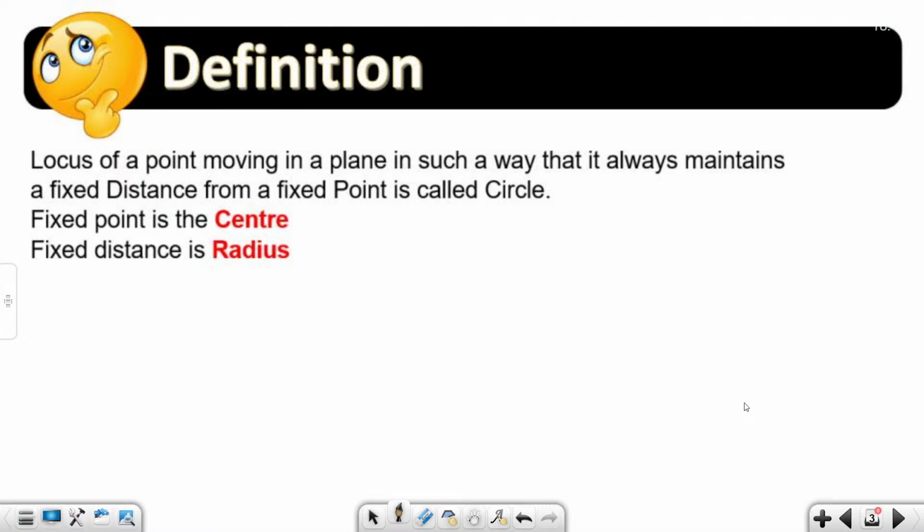Now, what is a circle? A circle is basically a moving point moving in a plane in such a way that it always maintains a fixed distance from a fixed point.